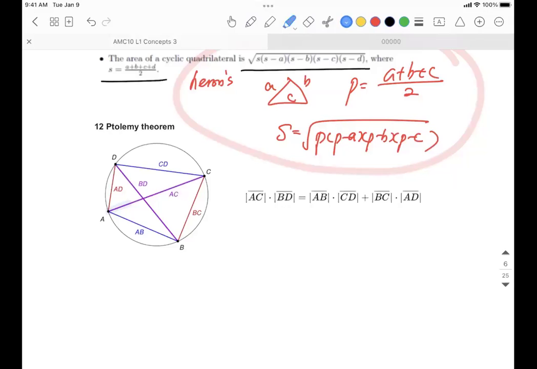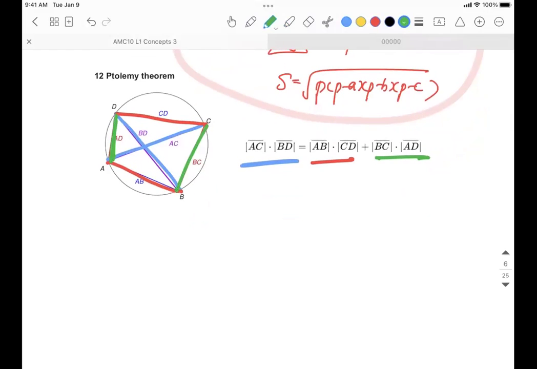The product of your two diagonals equals the sum of the products of the two opposite sides. AB, CD, these are the two red ones. BC, AD, these are the two green ones. So you multiply the opposite sides together, and then add them together, and that equals the product of the two diagonals. And this is the famous Ptolemy theorem.